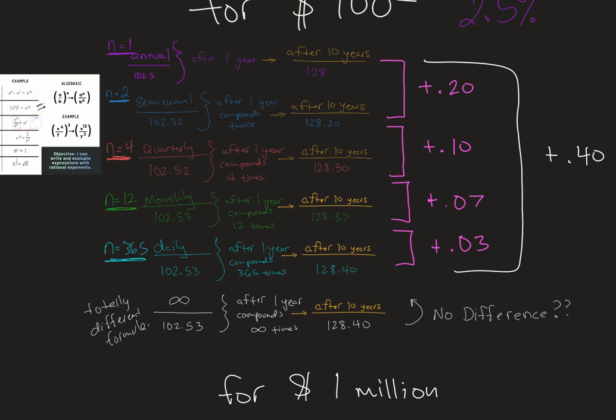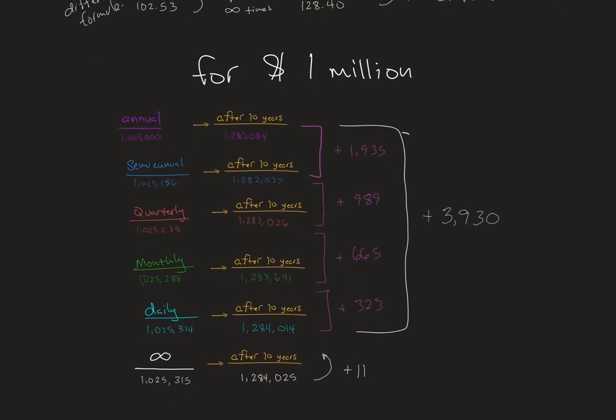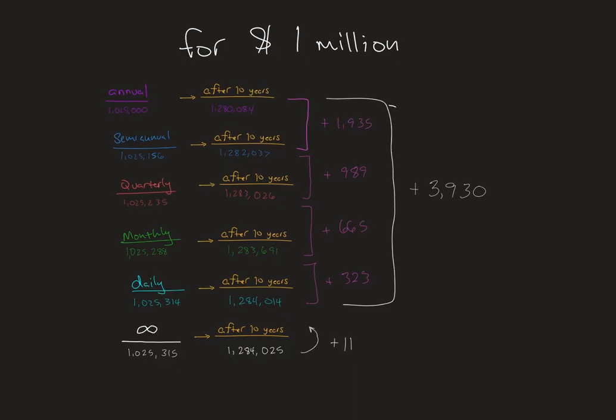Now where it really will show a bigger difference is, let's say you do $1 million, because there's more decimals. So there's more place value, right? Comparing annual to semi-annual, that's a $1,935 difference. If you do annual versus daily, it's an extra almost $4,000.